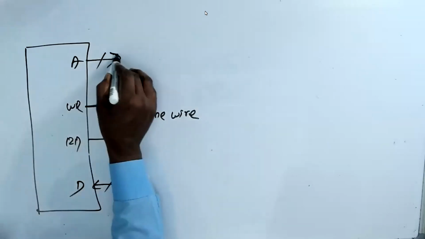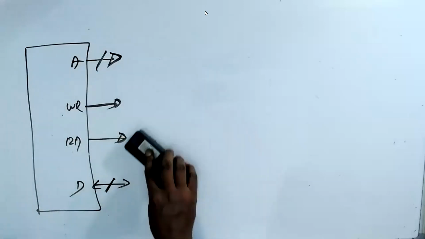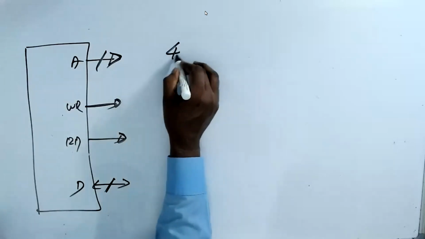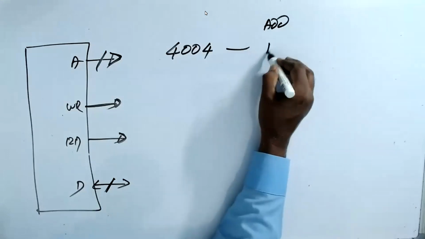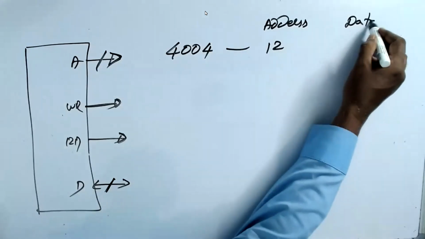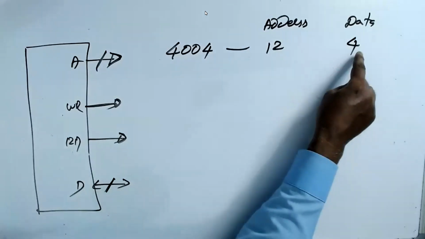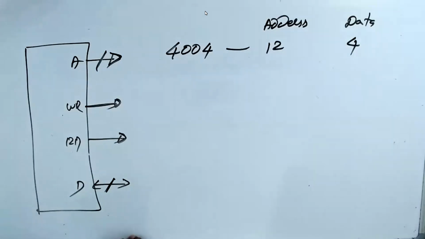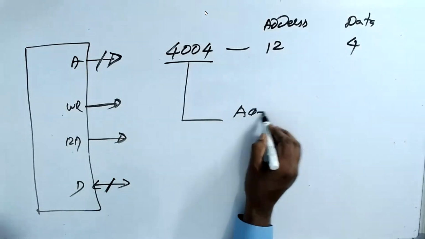And these are all, when I put slash, it can be anything. The very first microprocessor, 4004, has address lines 12, data lines 4. Understand? Address lines 12, data lines 4. There's a beauty. That means this microprocessor 4004 has A0 to A11.